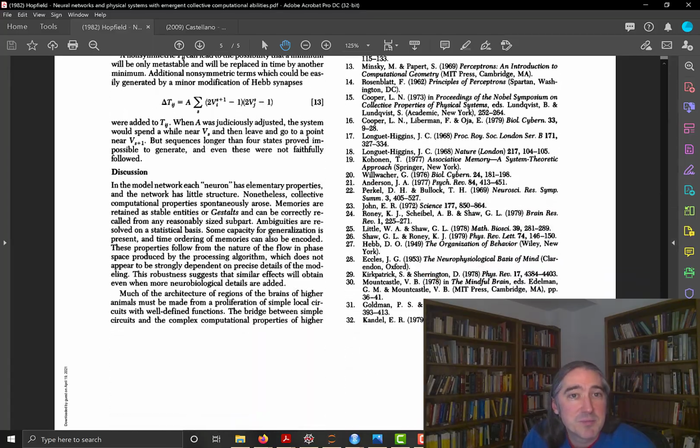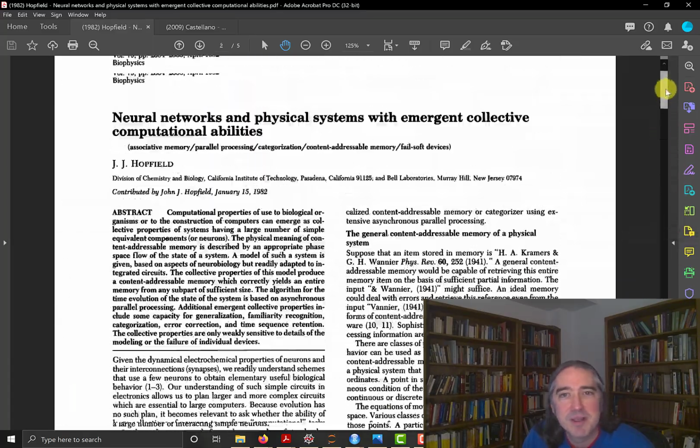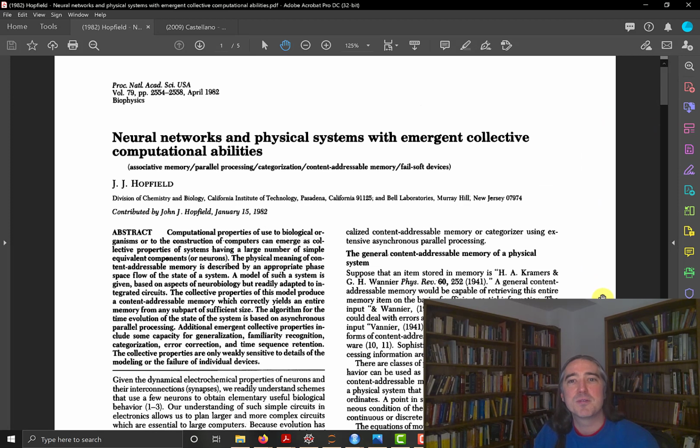Yeah, so that's more or less it. 5 pages, and it launches a whole field just by coming at a new field with the tools of statistical physics. There are a number of examples that have drawn off this over time.